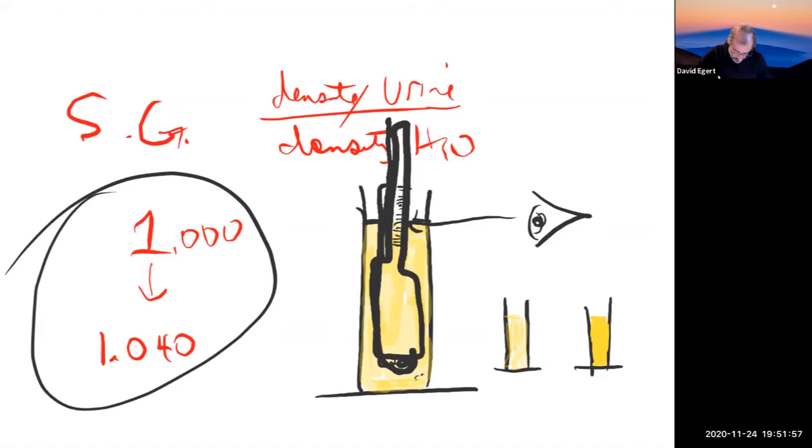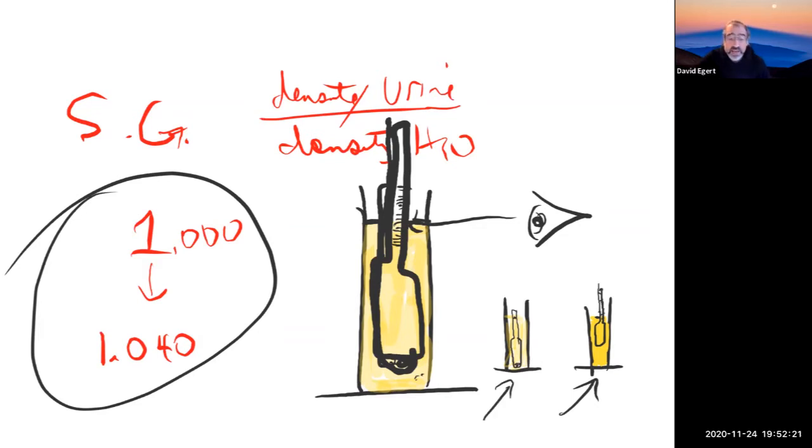So when I have my urine that's really concentrated, the float tends to go up pretty high. And that's where the value is. So this would be a very high specific gravity. This would be a low specific gravity.